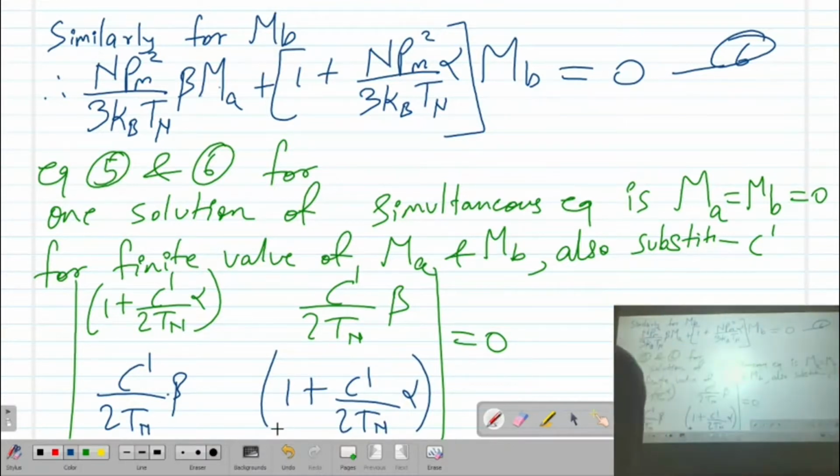Now going ahead, we will derive the determinant form. We will multiply these two terms and multiply the other two terms for the solution.